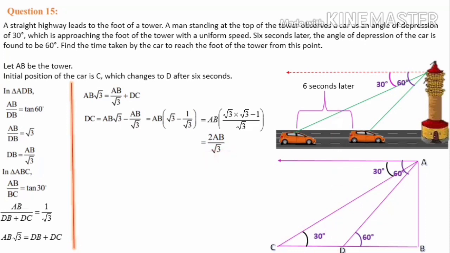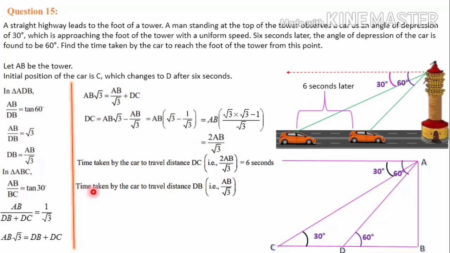Combining these two, the time taken to travel the distance 2AB by root 3 is 6 seconds, as given in the question.